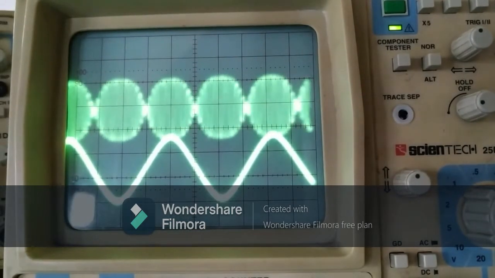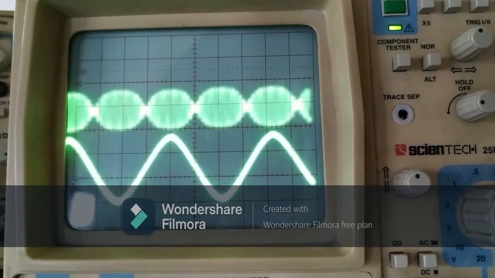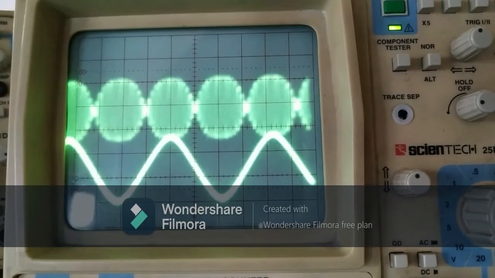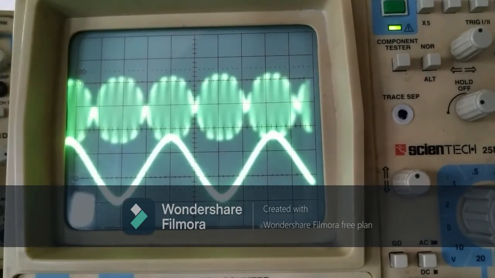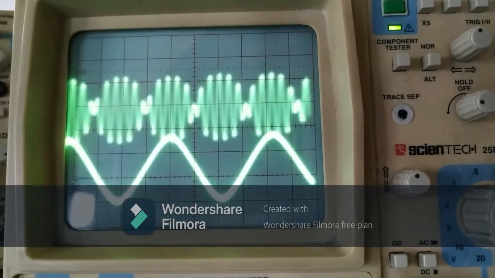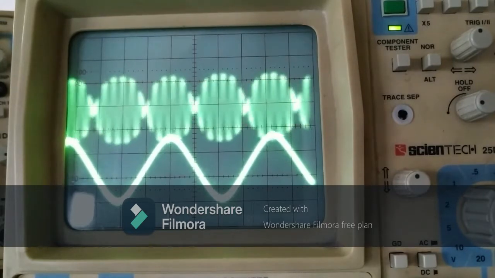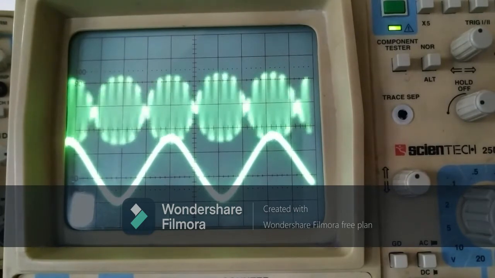Now we will increase the amplitude of the carrier signal, and see the effect on the DSB-SC signal. See, changing the frequency of the carrier signal. This is the perfect DSB-SC waveform.